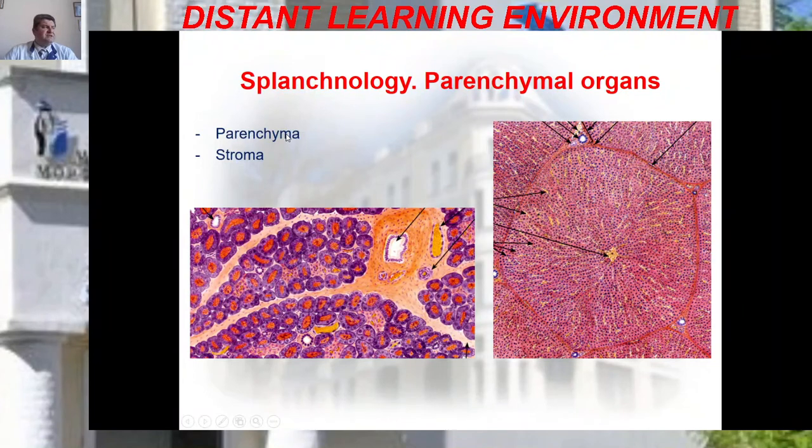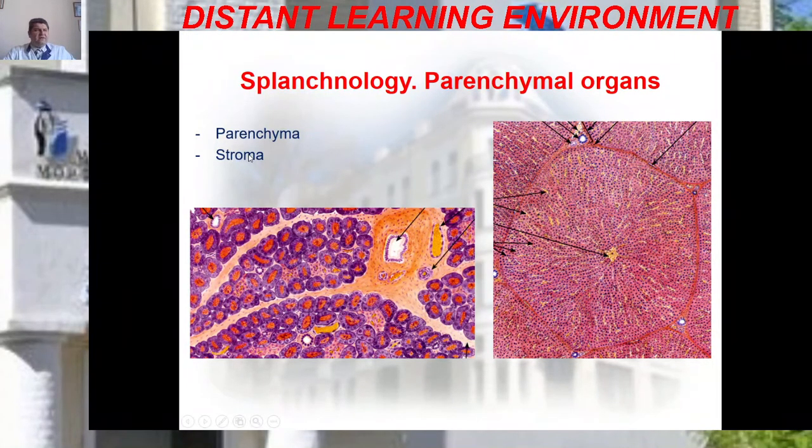This is the functional component of the organ. The next part of a parenchymal organ is the stroma.